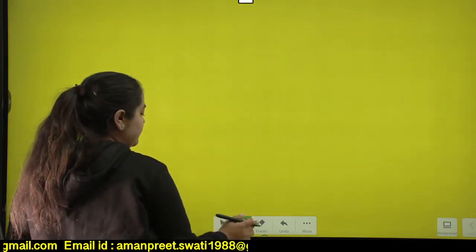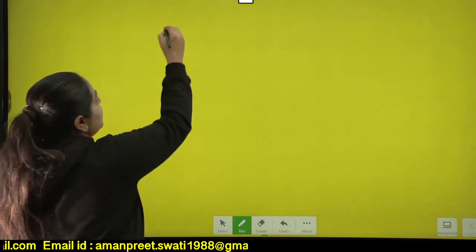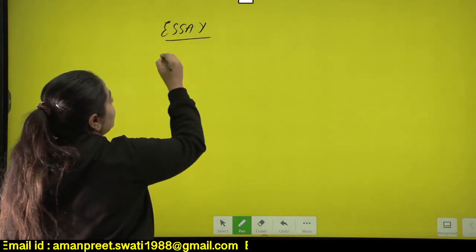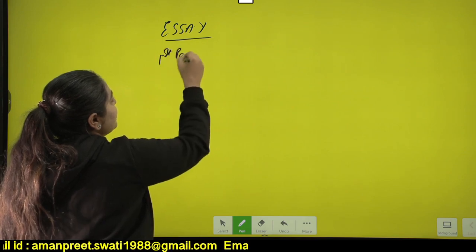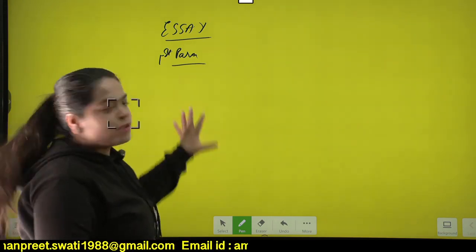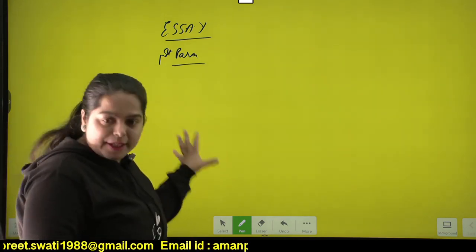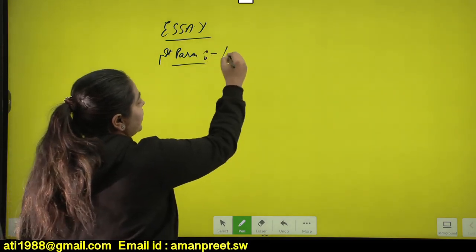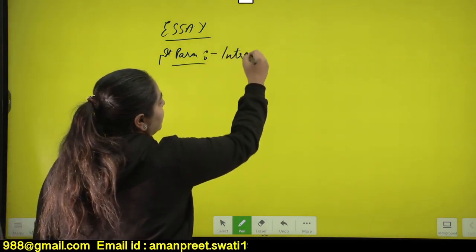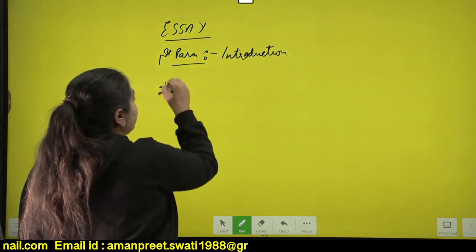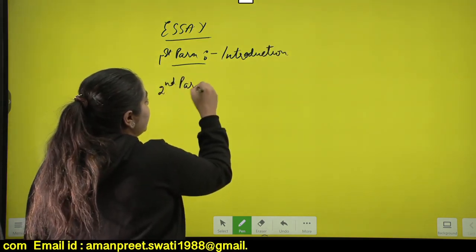So, if we specifically talk about your essay writing, you need to understand your first para, although you are not supposed to give any heading in the examination, but this is just for the sake of understanding. So, first para relates to your introduction. Second para, main body para 1.